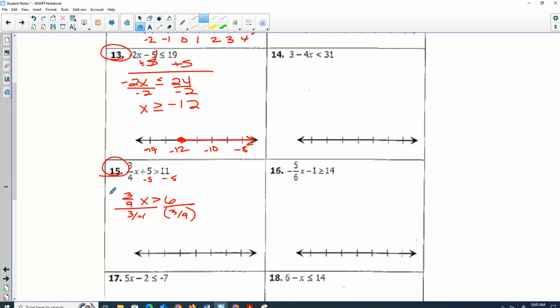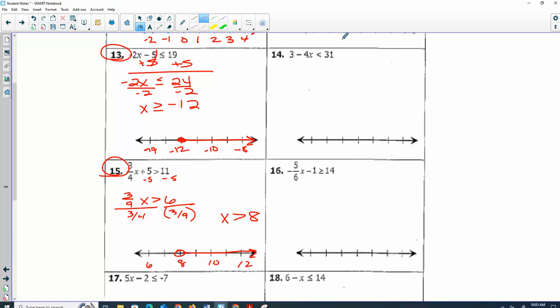Another option, you could multiply by 4/3, multiply by the reciprocal. So all of those options work. Is everybody with me? So then we get x is greater than 8, because it's positive, it didn't flip. So on my number line, I have to have an 8. Greater than, so no closed circle, going this way.